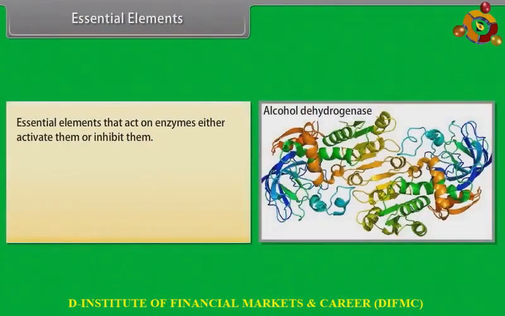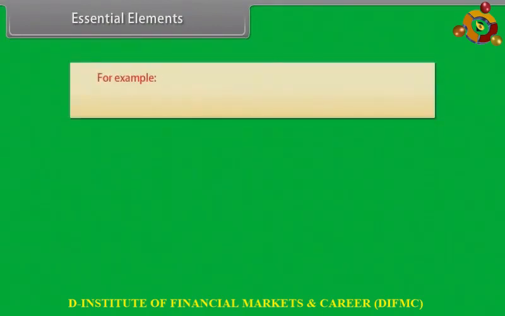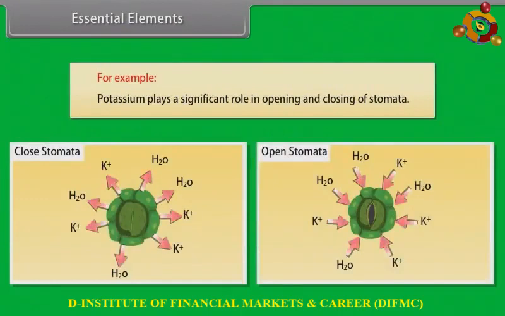Essential elements can act on enzymes, either activating or inhibiting them. For example, Zn2+ is an activator of alcohol dehydrogenase. Some essential elements change the osmotic potential of a cell. For example, potassium plays a significant role in opening and closing of stomata.